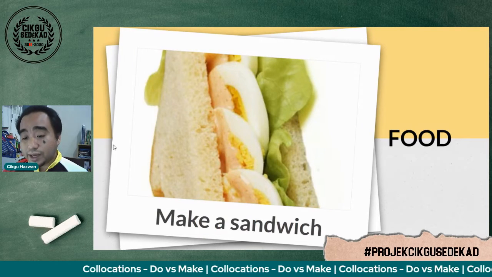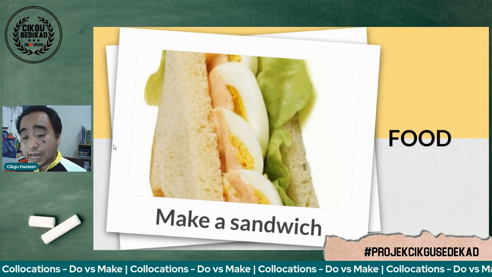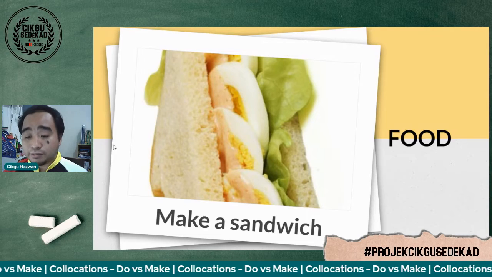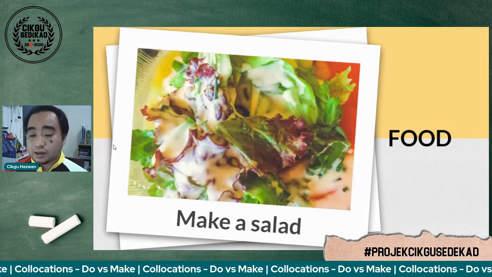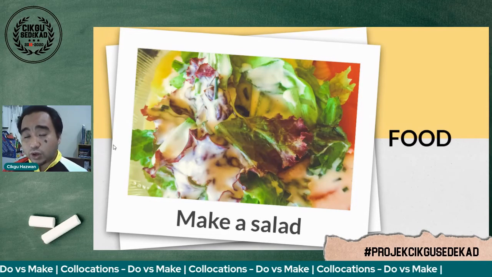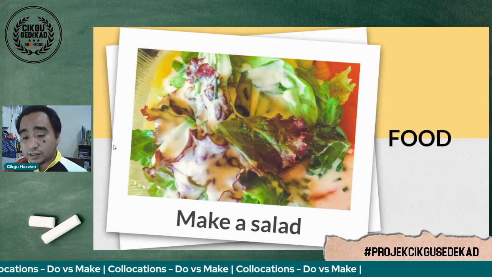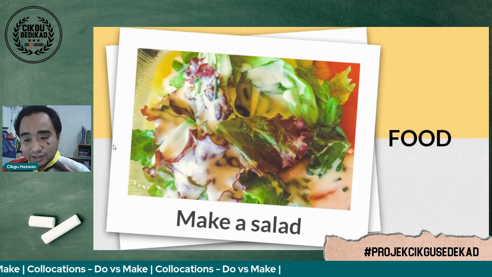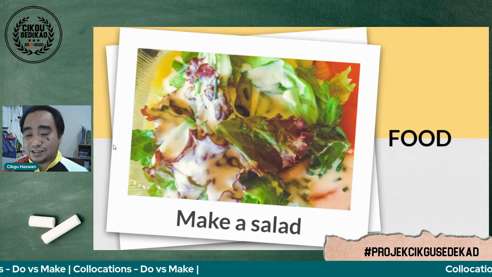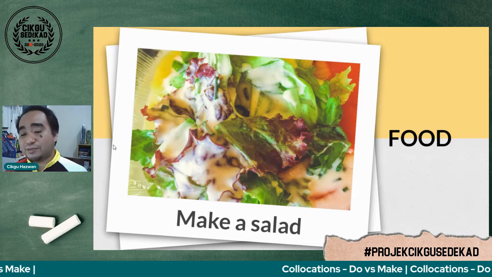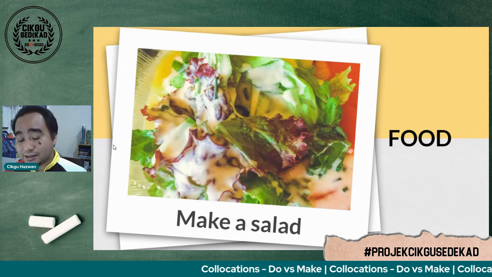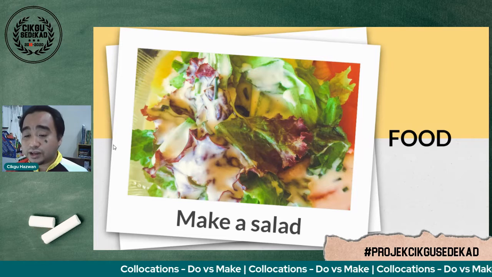Next, you also use make when we want to say I make a sandwich or I'm making a sandwich. We can also use make when we want to say you produce a salad, you make a salad. Okay, you make. There must be an end product. The salad is the end product, so you make a salad or you make a nasi goreng, for example.